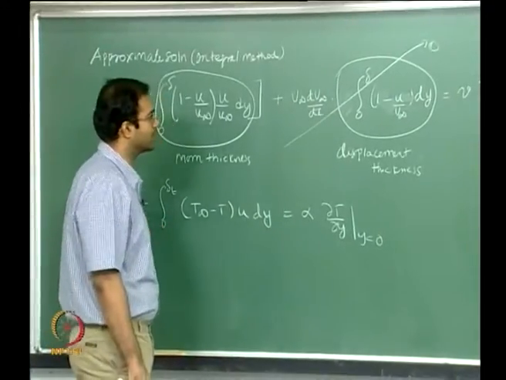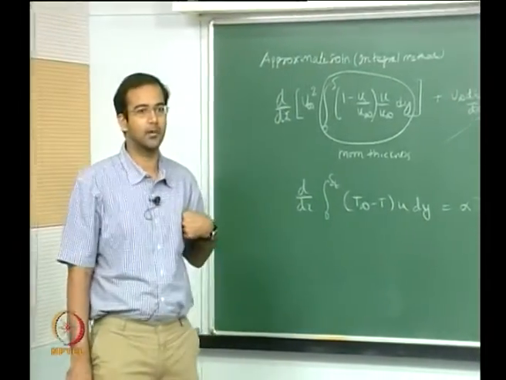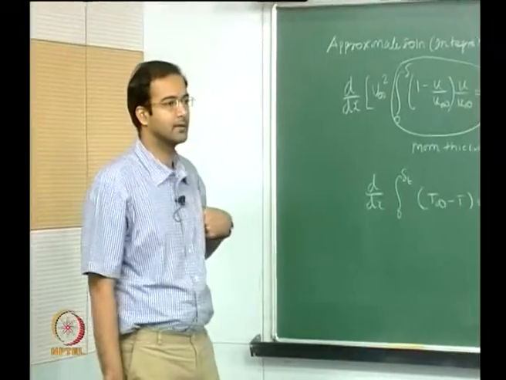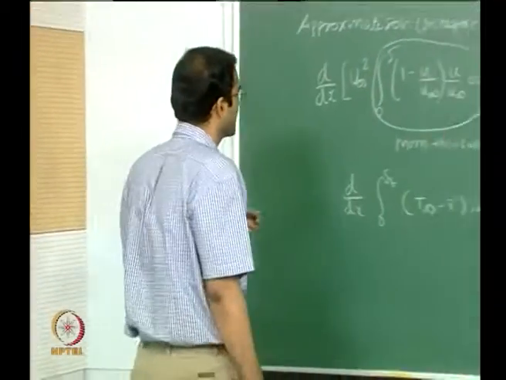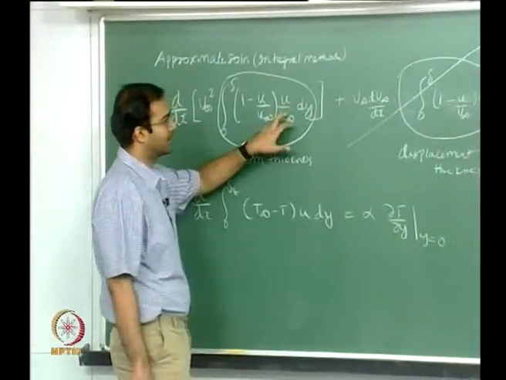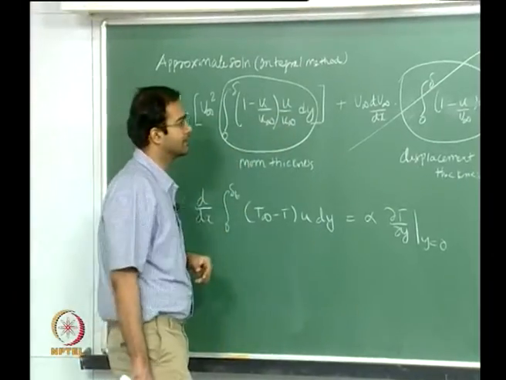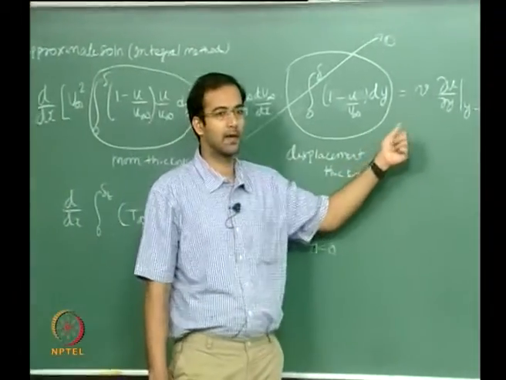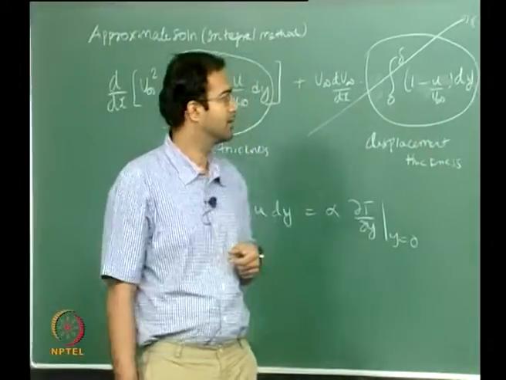The reason we are using the integral form here is that we will guess some approximations for velocity in terms of some polynomials, maybe linear, quadratic, cubic, fourth order, whatever. We will substitute that into this and integrate it out over the entire boundary layer thickness, and we will find an expression for calculating the boundary layer thickness delta from here.